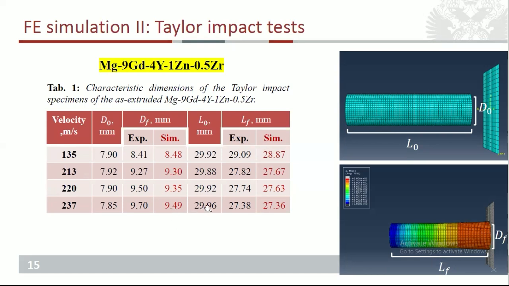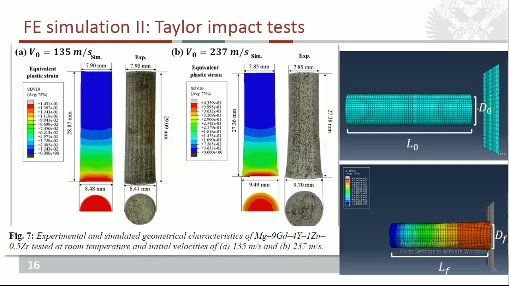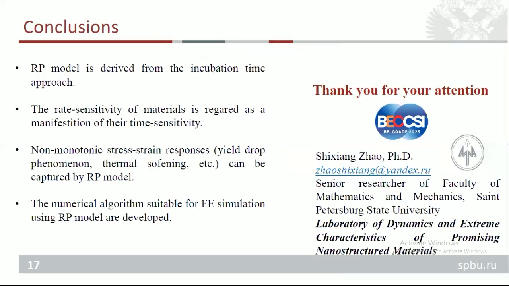All comparison data is shown in table 1. We can find quite similar numbers between experiments and simulations. This is a more visible example comparison of the simulation and experimental measurements shown in figure 7, for two different cases. They all demonstrate good performance of the RP model and our computational program.